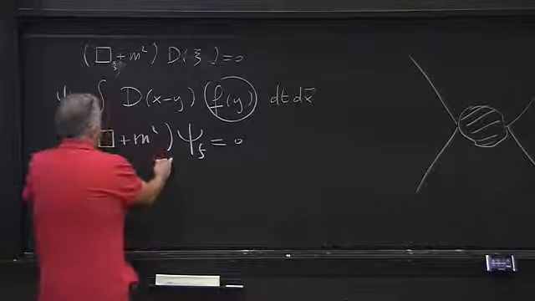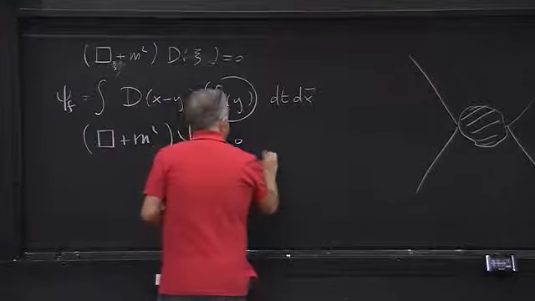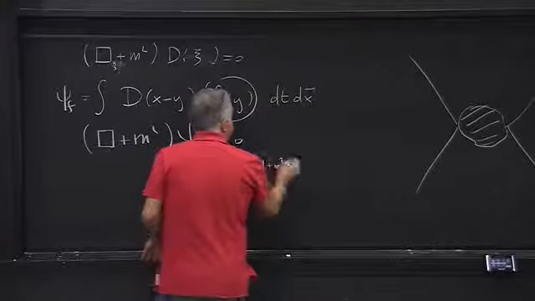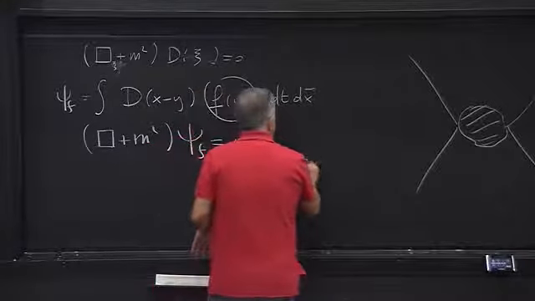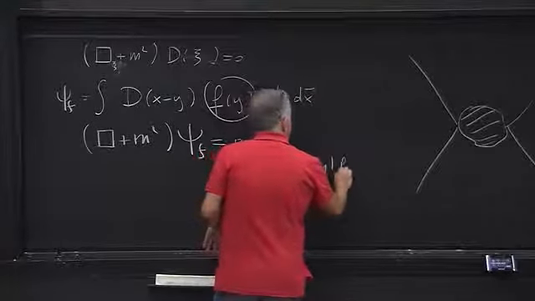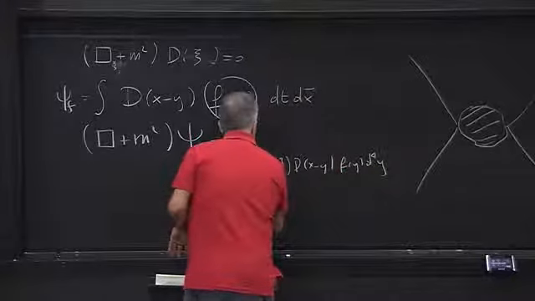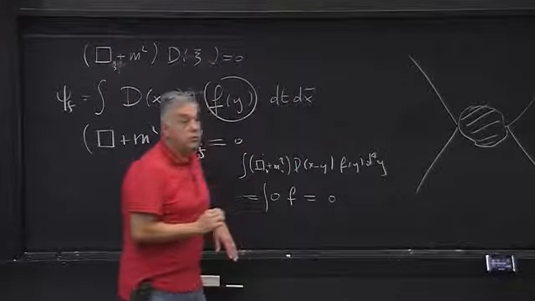Because if you apply this operator here, this operator is just applied in the x variable. It enters the integral because this is compactly supported. It applies to the x variable. And this is 0 times f, means 0.